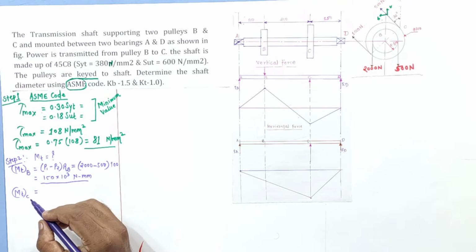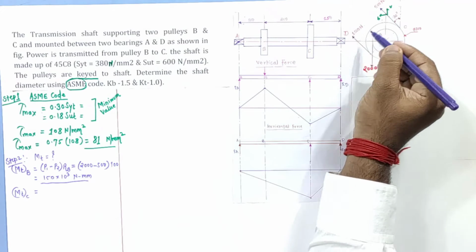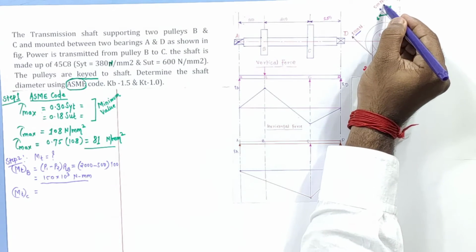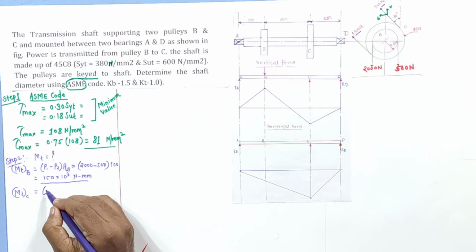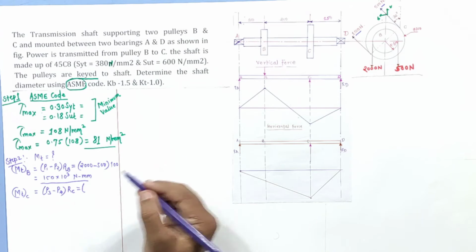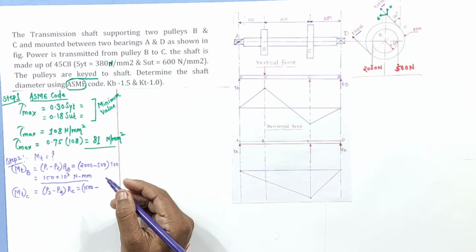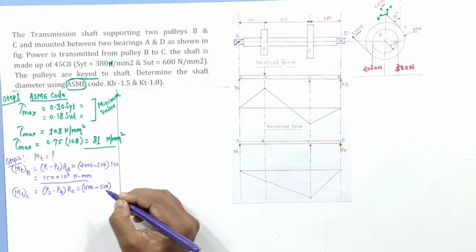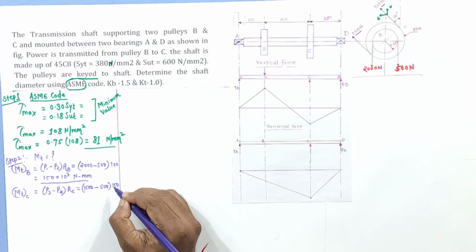Now in case of the torque for the bigger pulley C, C is having tension 1500 and 500 on the slack side. So I will have to use the same formula, that is P3 minus P4 into the radius of pulley C. So P3, they have given in the figure, 1500, minus P4 500, into the radius. 300 mm is the diameter, so the radius is 150.